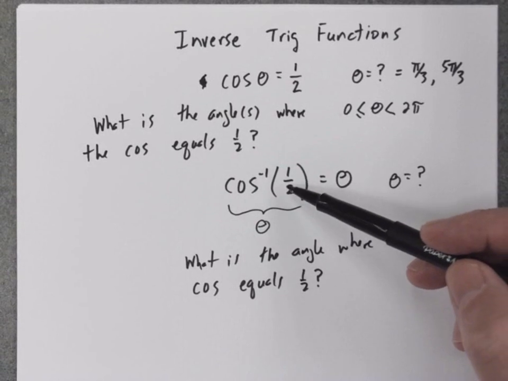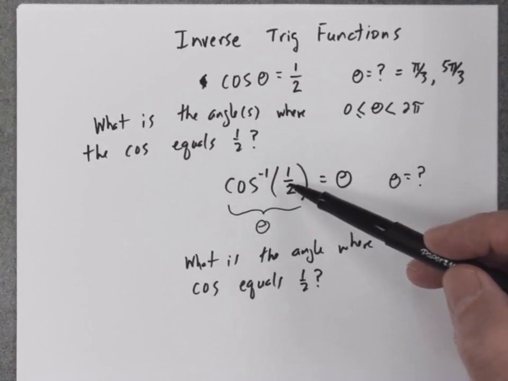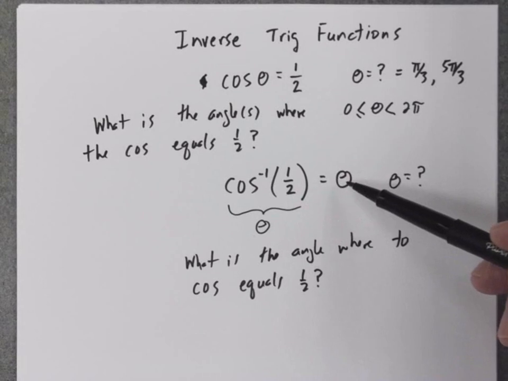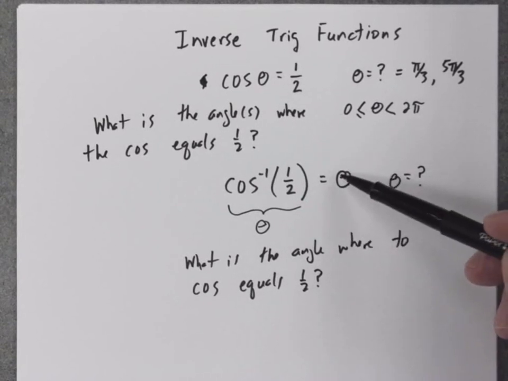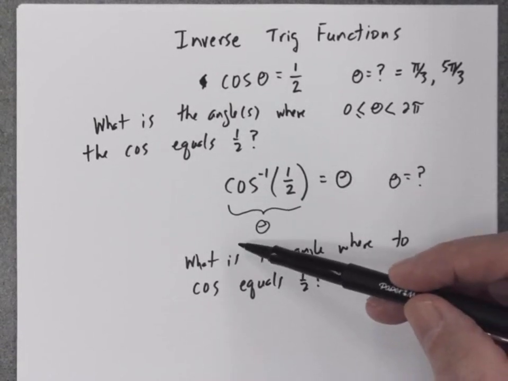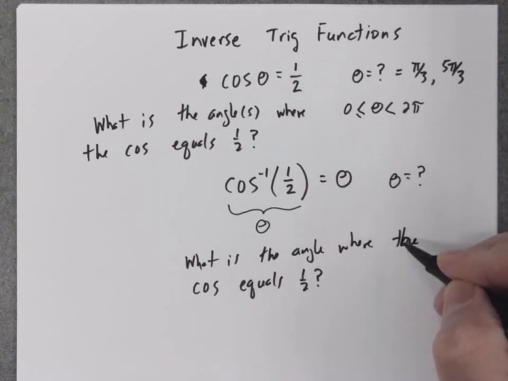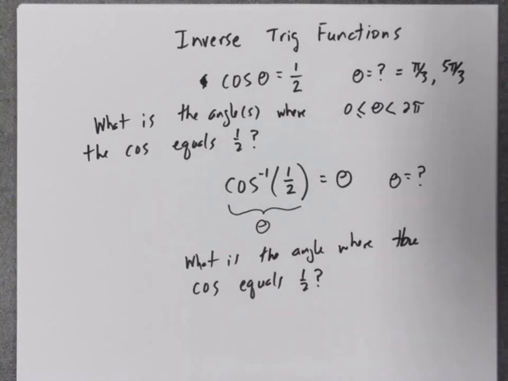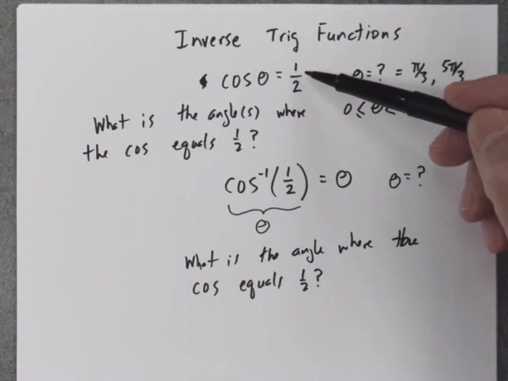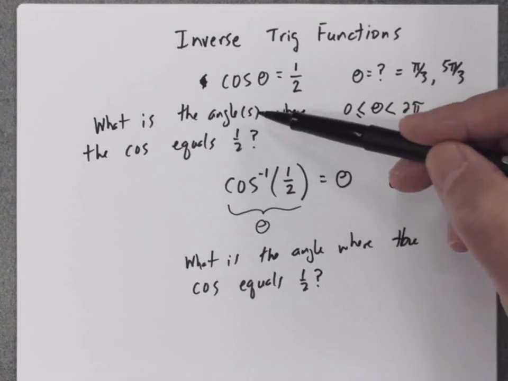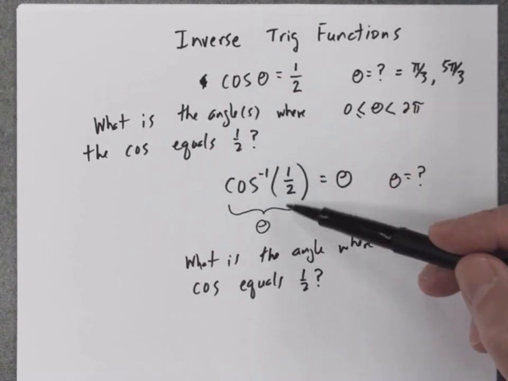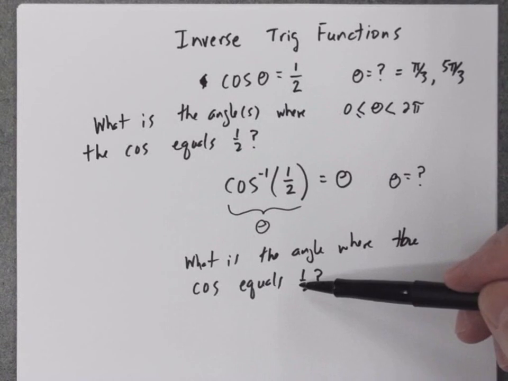When I have an inverse cosine problem, the inverse cosine of 1/2 equals theta, an angle. To get this answer, here's my question: what is the angle where the cosine equals 1/2? You know what? It's the same question. It's the same thought process. When I have an inverse cosine, it's the same exact question.